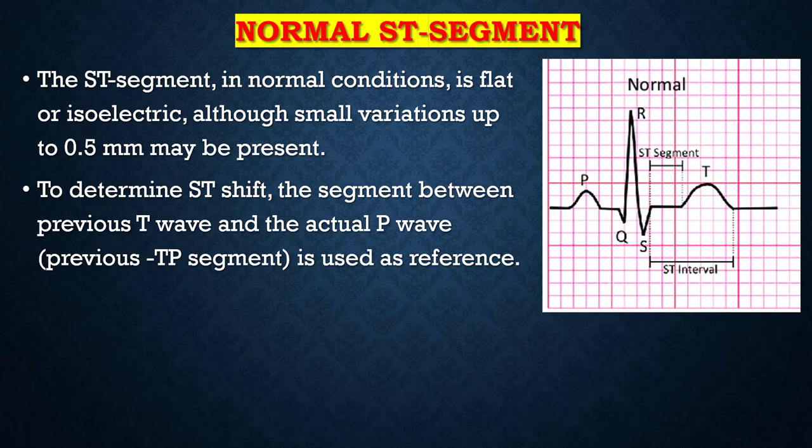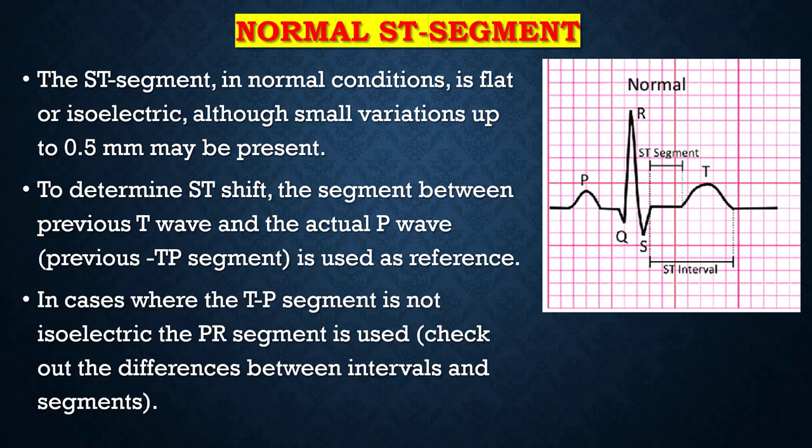If you are in doubt that there is any variation in the ST segment, look at another QRS complex. If there is any variation from the previous one, you can say that there is elevation, or if it is the same as the previous one, you can say that it is a normal ST segment. In case the TP segment is not isoelectric, the PR segment is used.